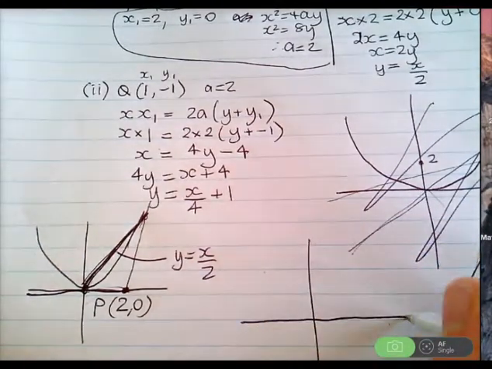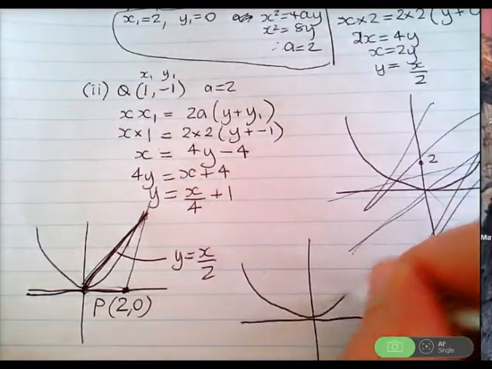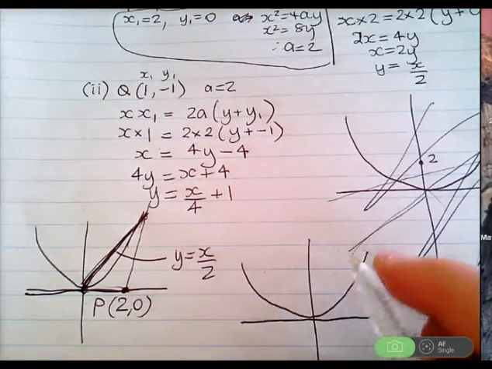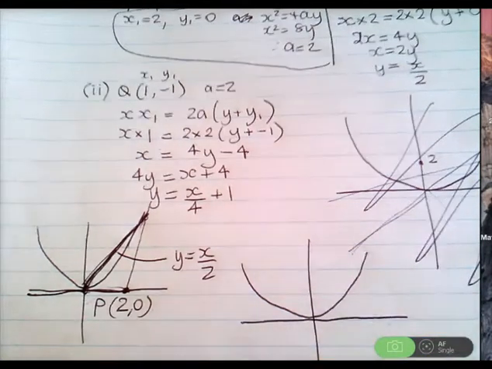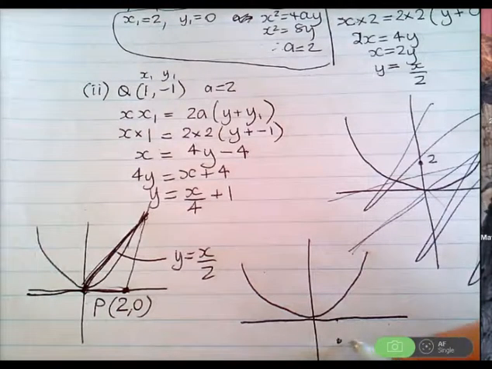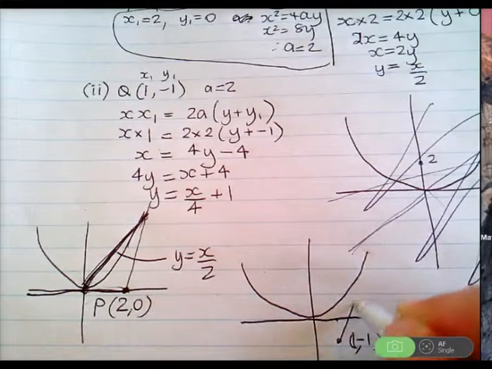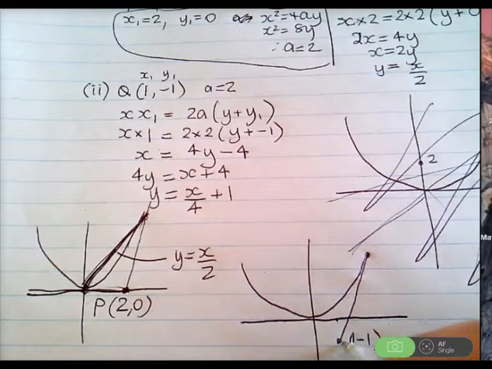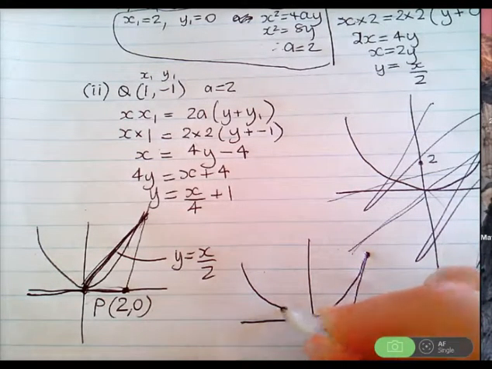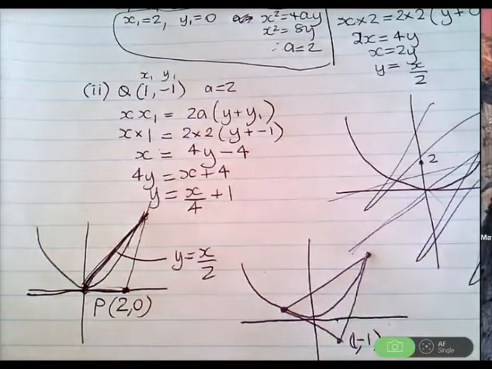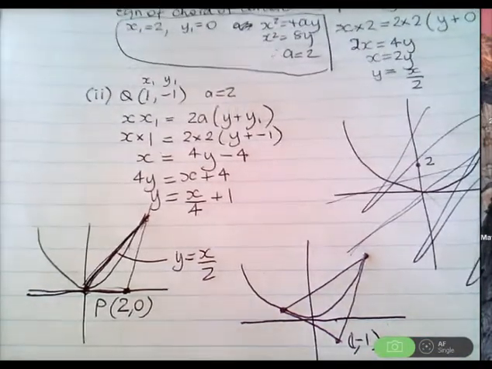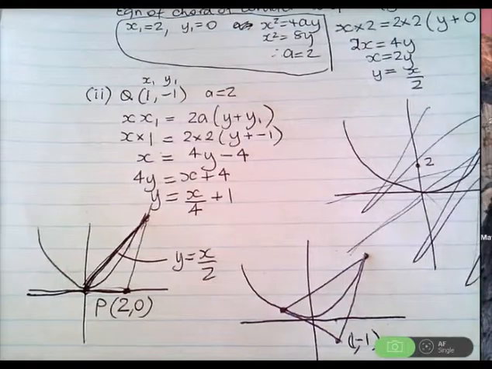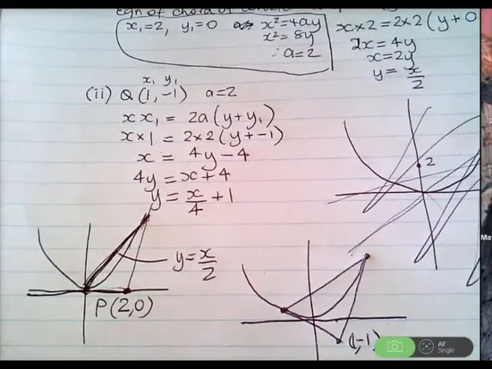The second graph, x squared equals 8y. The external point, girls, is 1, negative 1, down here. And a tangent's drawn to there, and let's say a tangent's drawn to there. That is the chord of contact. Girls, do you get the idea?